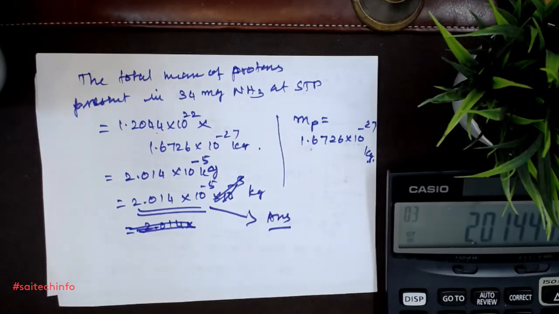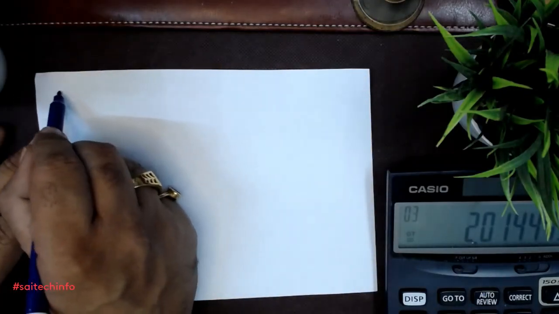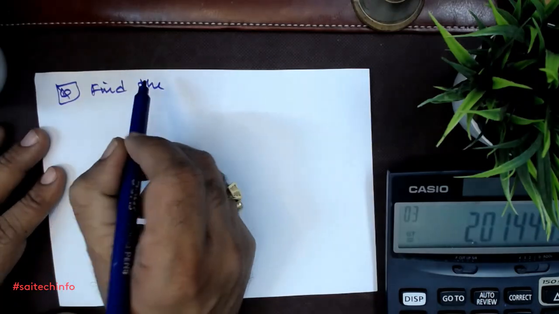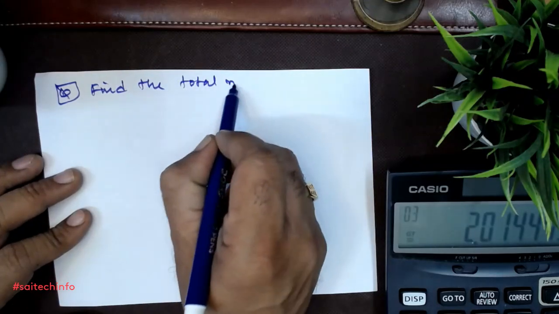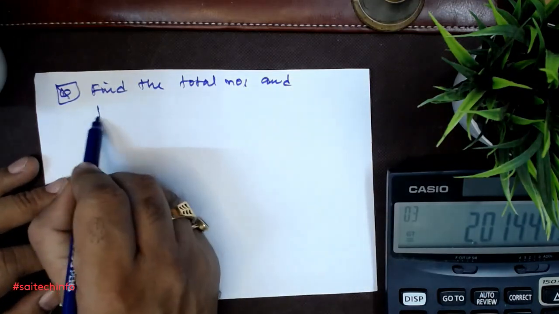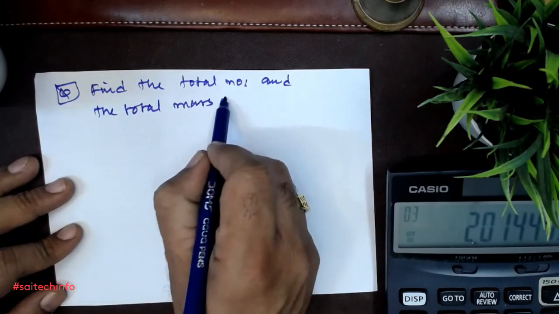Okay, now let us talk about how to calculate the neutrons in a given molecule. That is the second sum. Next question, find the total number and the total mass of neutrons.